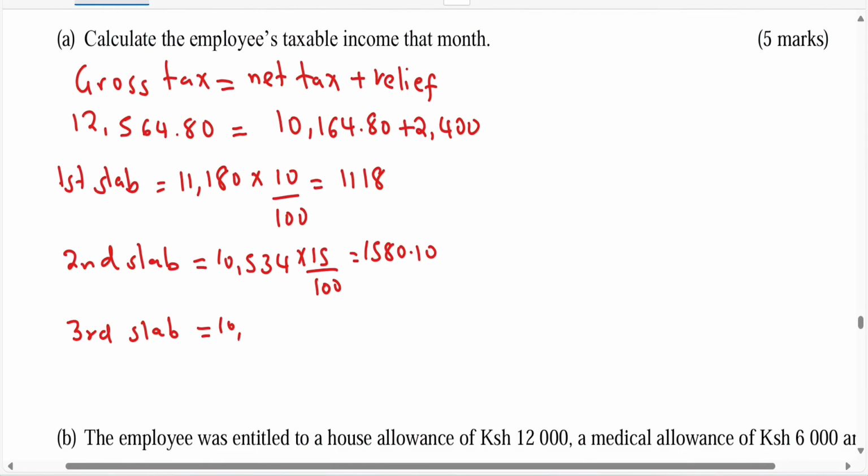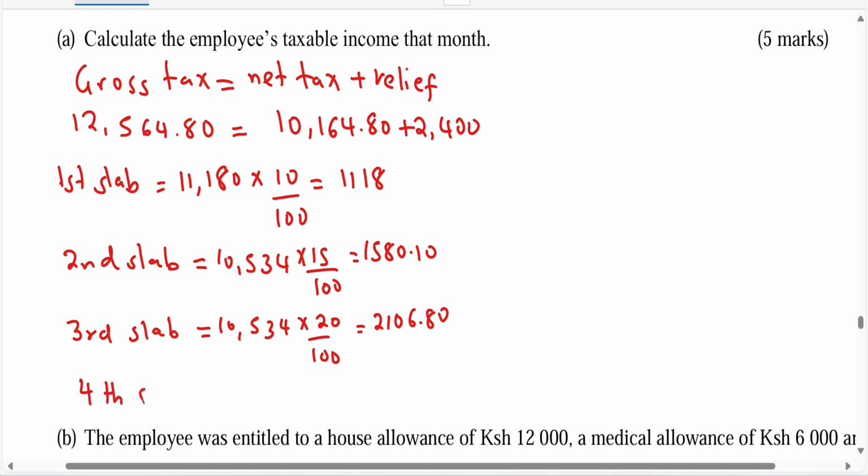So chukua 10,534 multiply by 20%, na angalia itakupa ngapi. So 10,534 times 20% imekupa 2,106.80. Tuende kwa fourth slab.